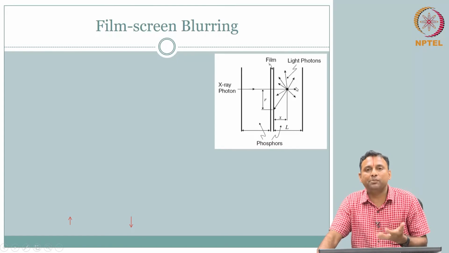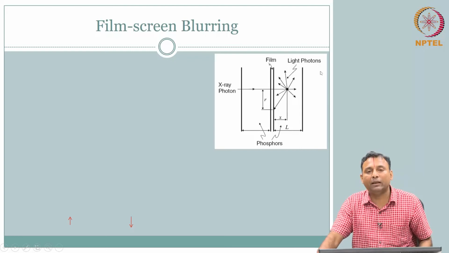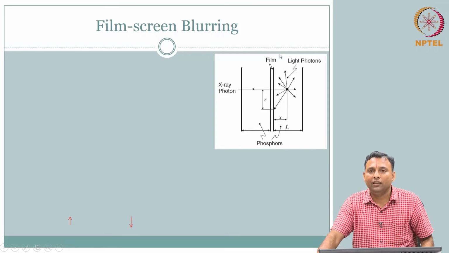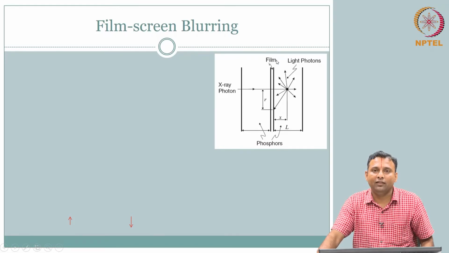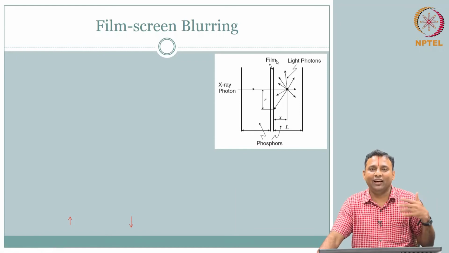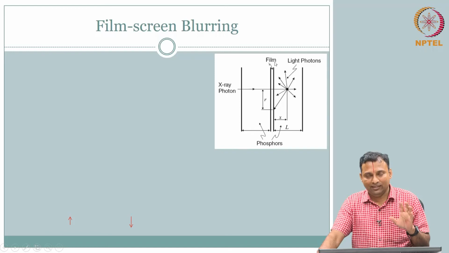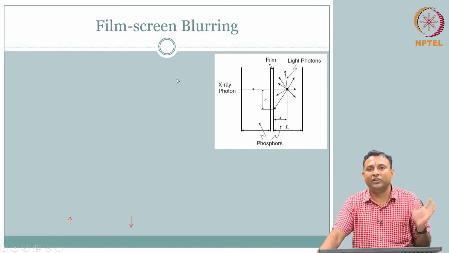So if I have a point spread function of this film screen subsystem, how can I incorporate that into my imaging equation? Cascade it, convolution, okay, convolution. So if I can characterize the point spread of this, then I can update my imaging equation.